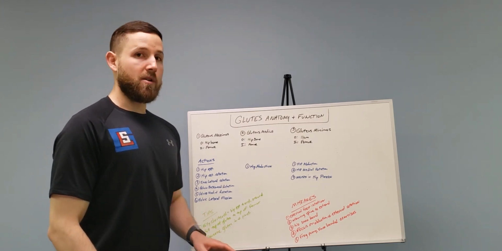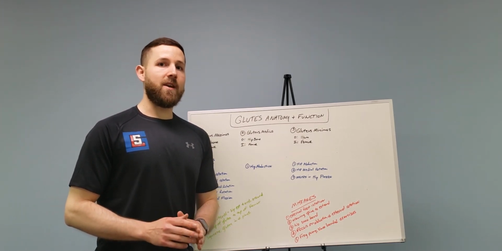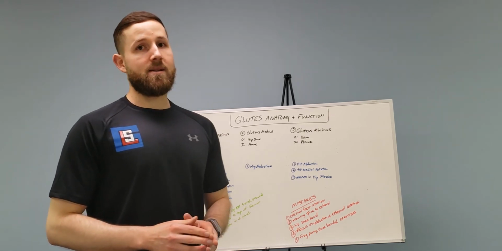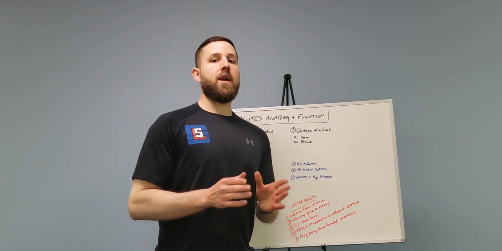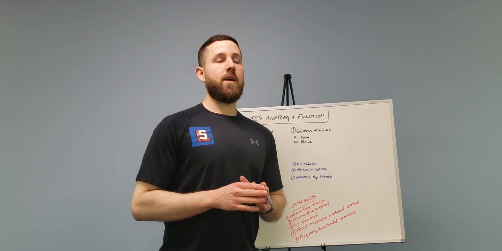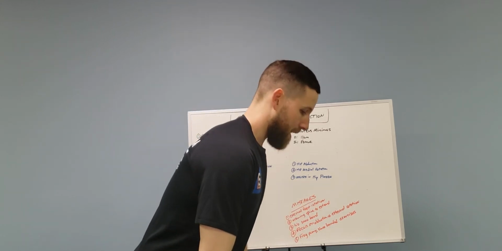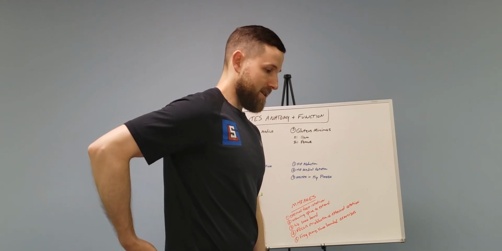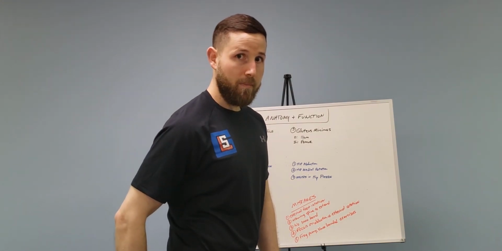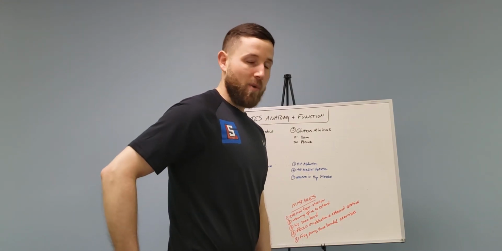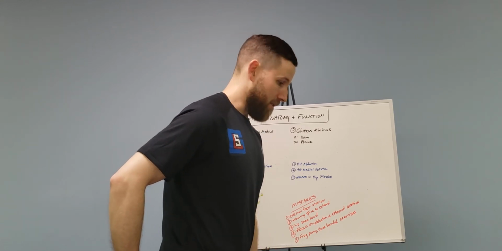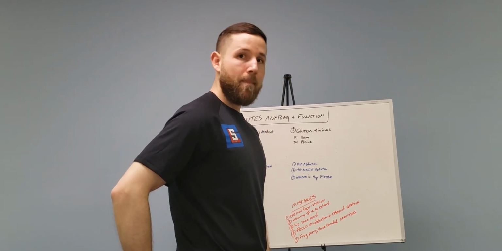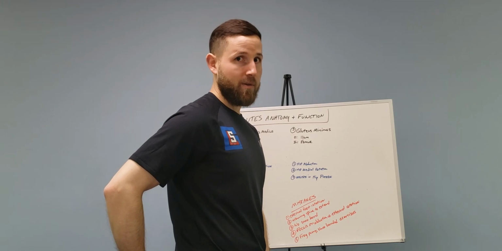Pulling the top of the glutes to the top of the femur. Now what I mean by this is, think of an RDL, Romanian deadlift. When we're coming back up, what we want to focus on is bringing the top of this glute down to the top of that femur. So squeezing that together. So kind of a posterior pelvic tilt.